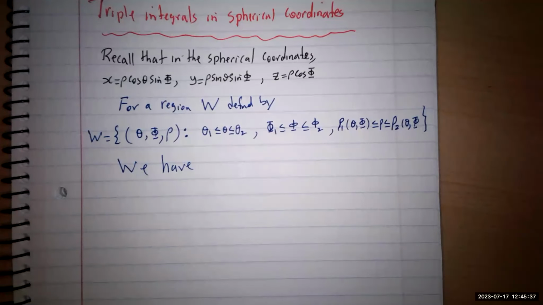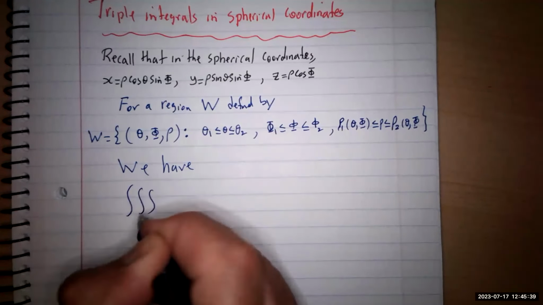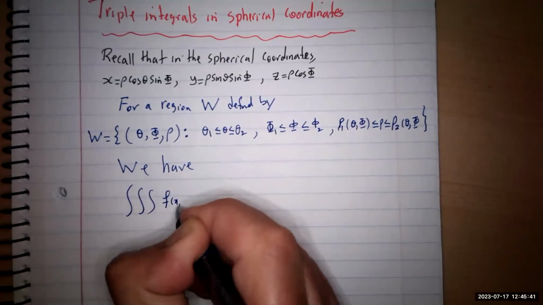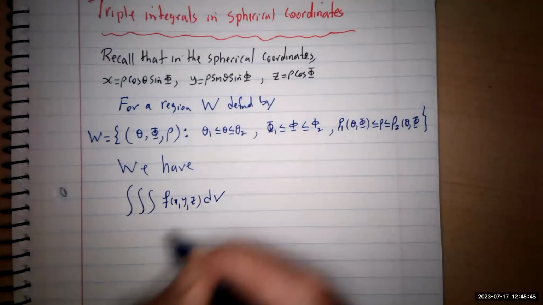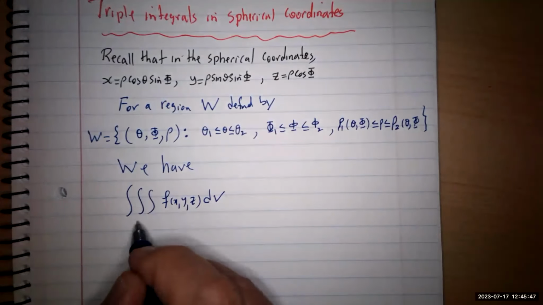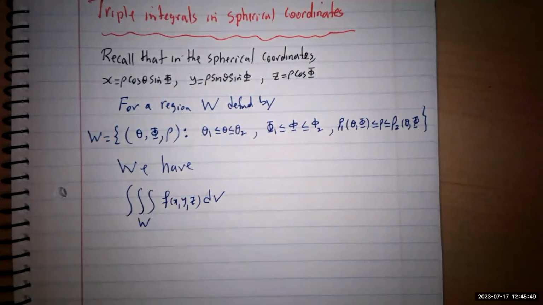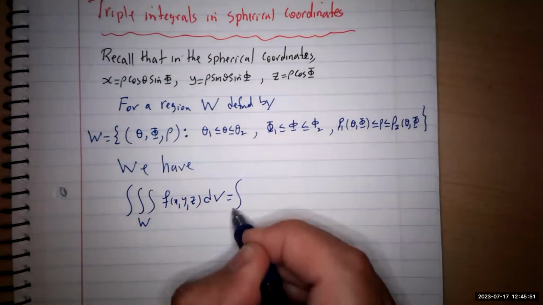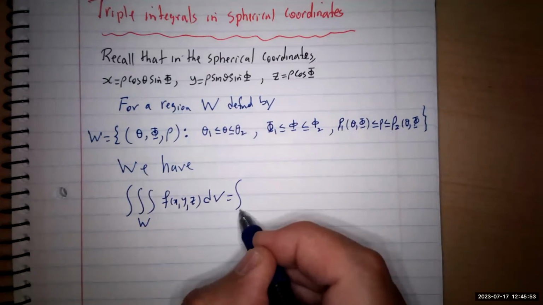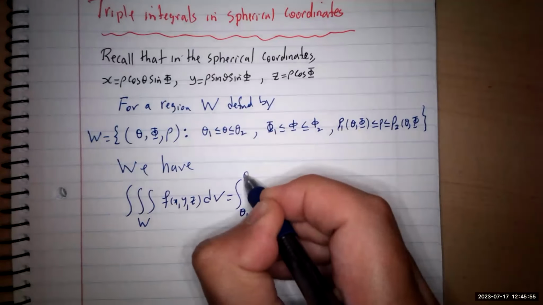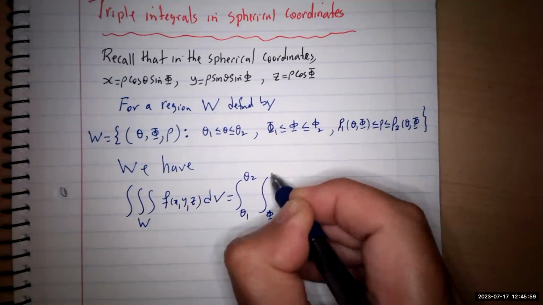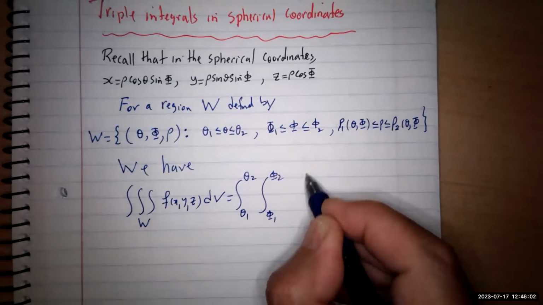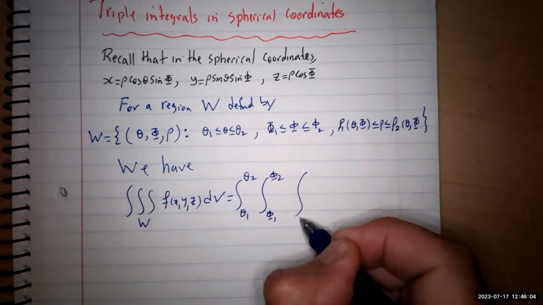If you are given the triple integral, the function is f of x, y, z, dx dy dz, over W. Now we switch into the spherical. So for the spherical, theta going from theta 1 to theta 2, phi going from phi 1 to phi 2, and rho going from rho 1 to rho 2.